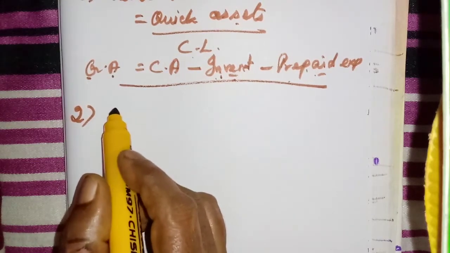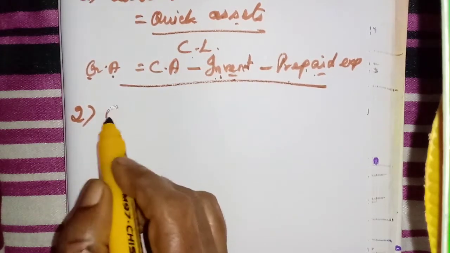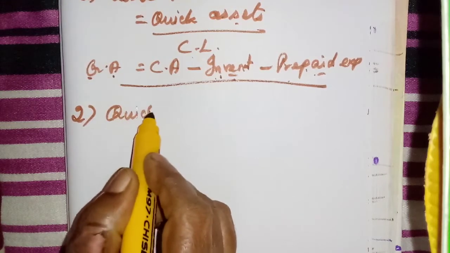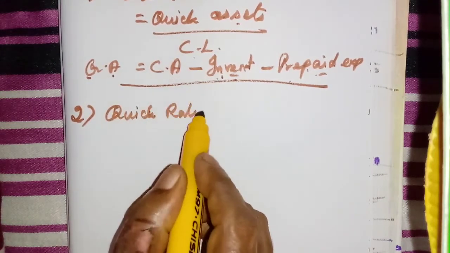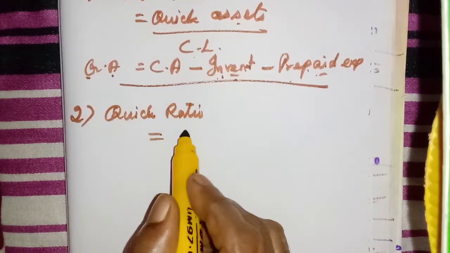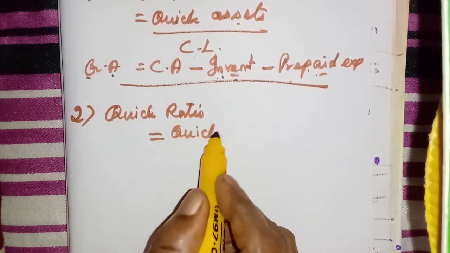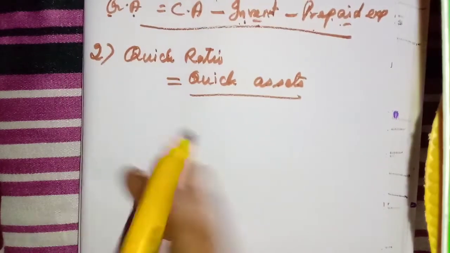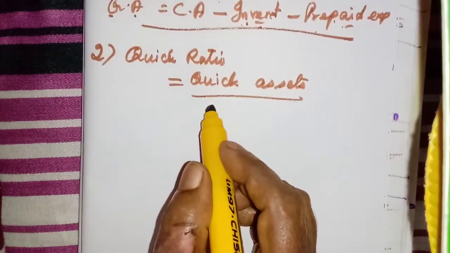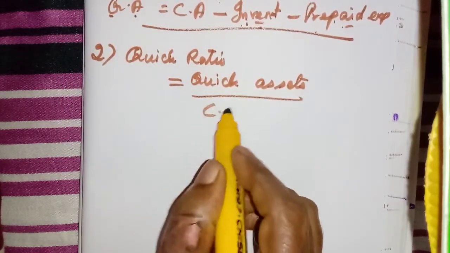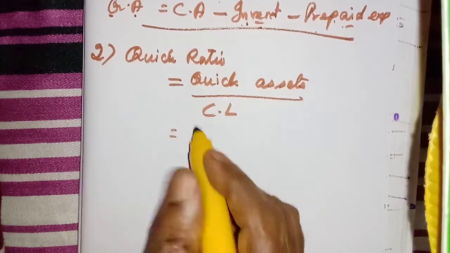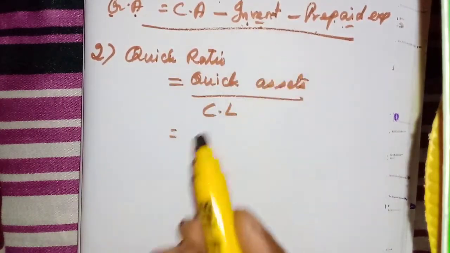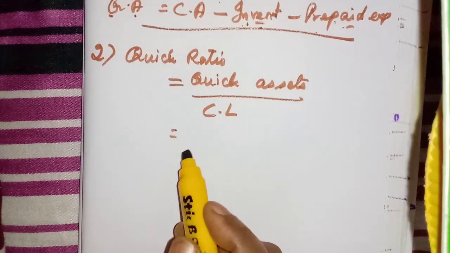So first we will write the quick ratio formula. Quick ratio is equal to quick assets divided by current liabilities.